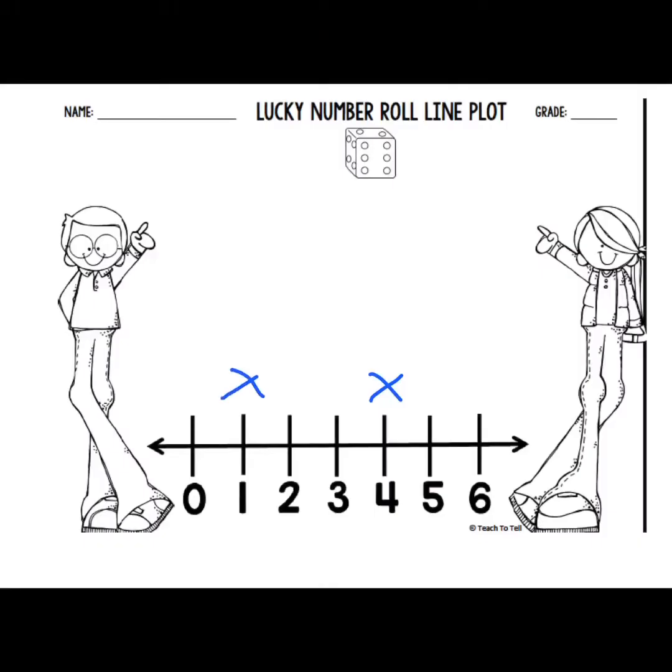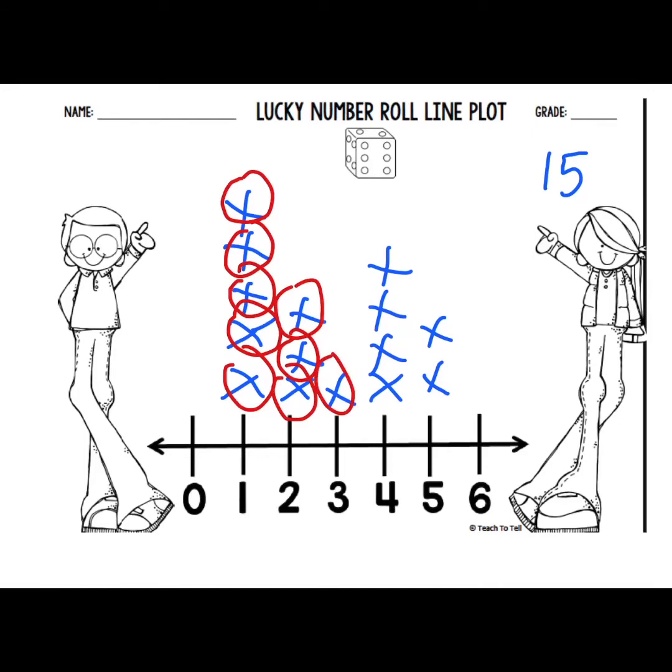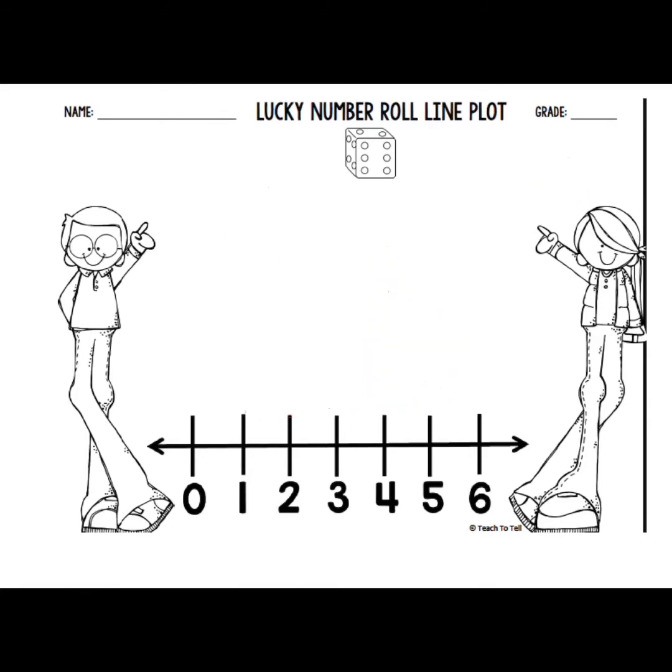I'm going to keep rolling and marking until I've rolled a total of 15 times. Now to check to see how many times I've rolled, I can count 1, 2, 3, 4, 5, 6, 7, 8, 9, 10, 11, 12, 13, 14, 15. That tells me that I have rolled my dice 15 times.